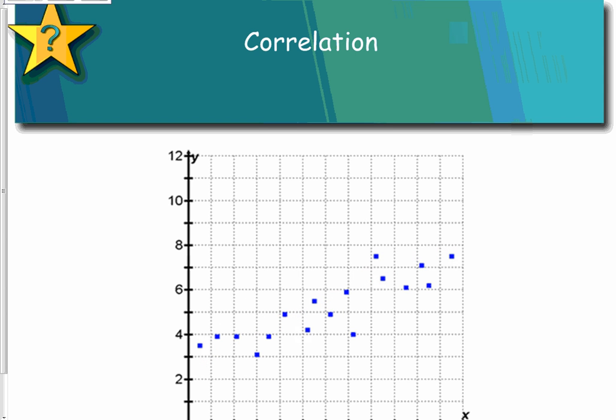I don't like that line. I think this one might even be a better fit. So if you can figure out a way to relate, you can either extrapolate or interpolate what might happen at any given time. So that's what correlation is. You're comparing two sets of data that appear to be connected somehow, and you're trying to use the data to see if you can predict with it.